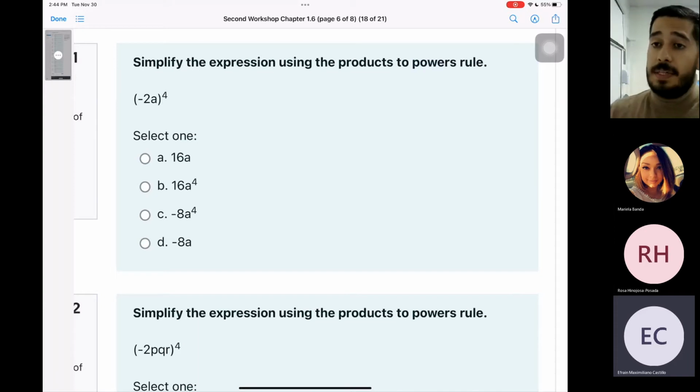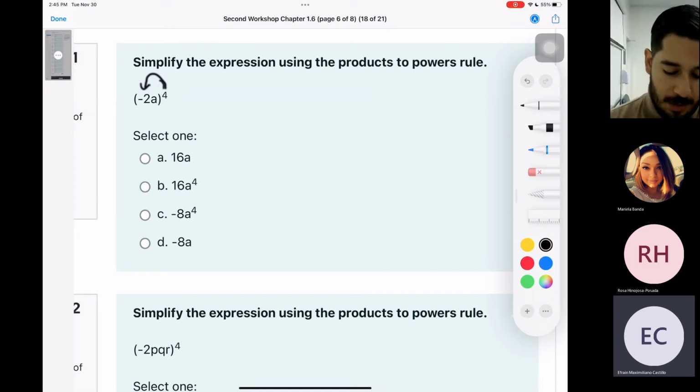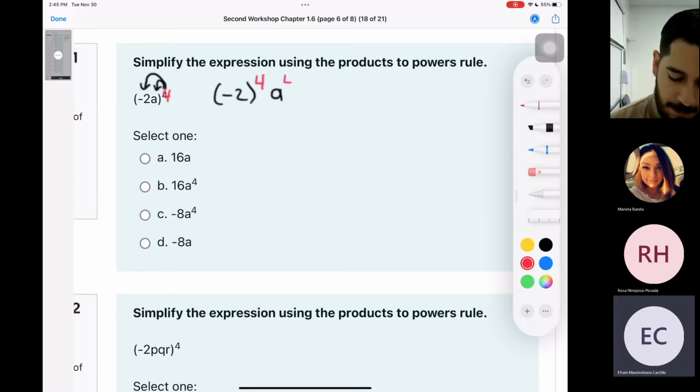Now this is just like a variation of the powers rule. If you have several things inside the parentheses, or several things that you're going to distribute an exponent to, then you have to do so. In this case, if I have an exponent outside, it goes to the -2 and it also goes to the letter A. So it's like I'm having two separate operations in here. I'm distributing -2 to the power of 4 and A to the power of 4.